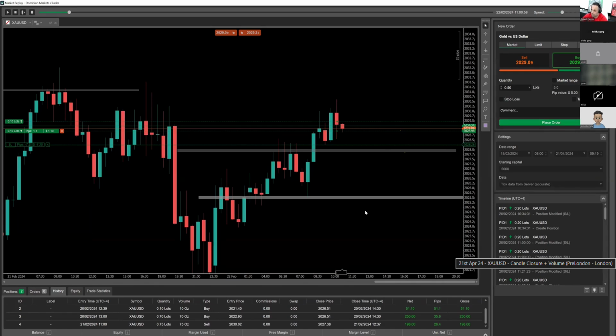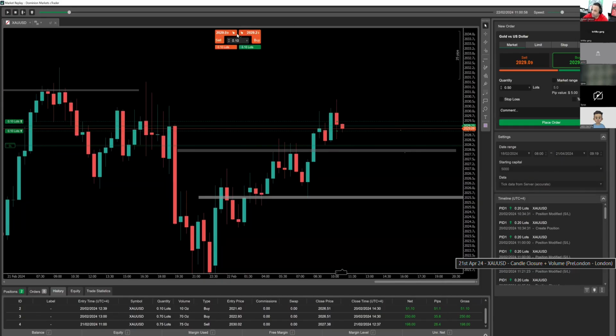Do we manage risk at this point? At this point, no, because the risk is already managed. Remember, original lot size is 0.75, so you're risking about $75 to $80 per trade. In this trade right now, what's the risk? $12 plus $7, around $20. So the risk is already managed.